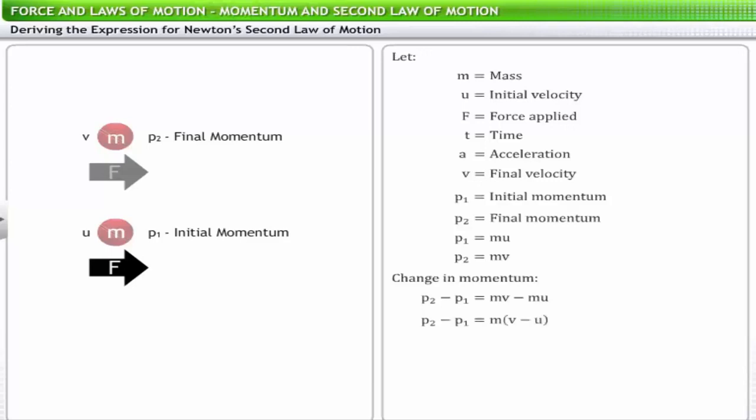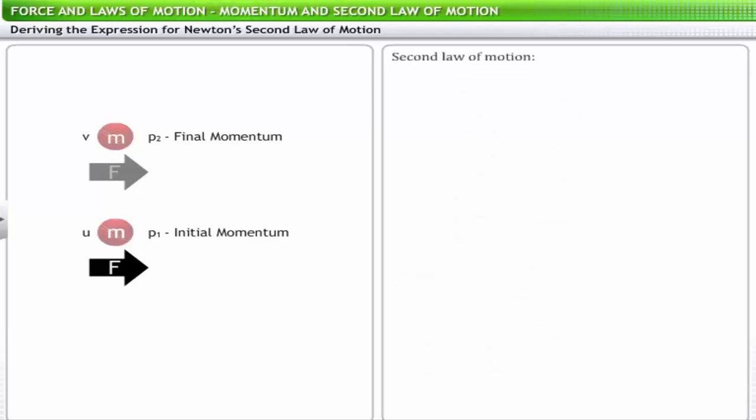The rate of change of momentum is the ratio of change in momentum to time. That is, m multiplied by (v minus u) divided by t. According to Newton's second law of motion, the rate of change of momentum is proportional to the force applied. This gives us the relationship F is proportional to m(v minus u) divided by t.